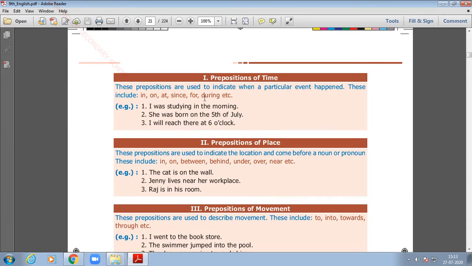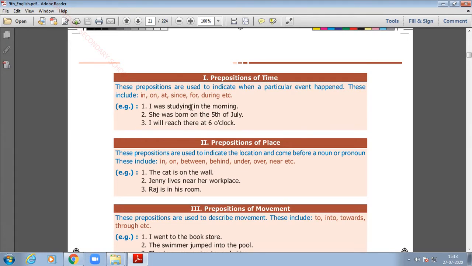Have you got it, children? For day and date, you have to use on. And for the month and the year, you will use in. She was born on the 5th of July. She was born on Monday. Now, note the difference there. Whenever you want to denote the date or day, you will have to use the preposition on.